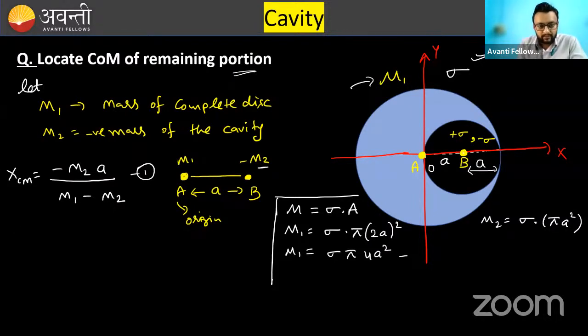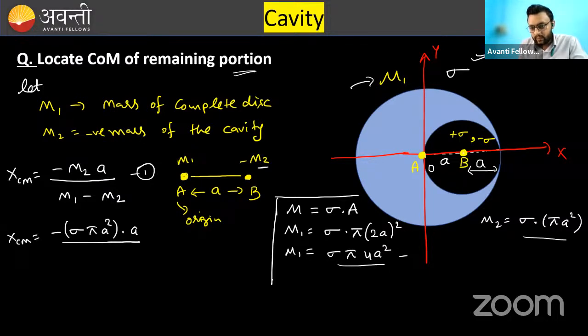We will put these values. So XCM is equal to negative M2 into a, with M2 equal to sigma pi a square, divided by M1 minus M2. M1 is sigma into 4 pi a square and M2 is sigma into pi a square, so you can directly write it as sigma into 3 pi a square.